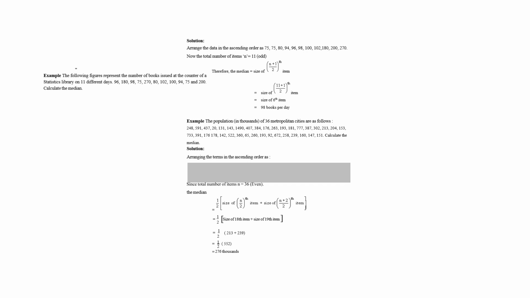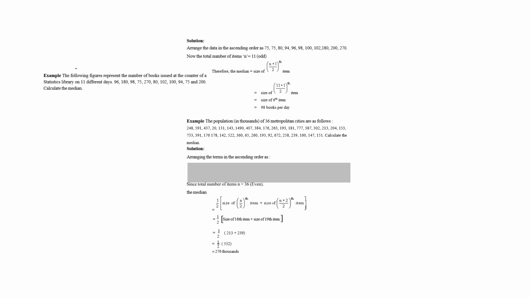Now, if there is the population in thousands of 36 metropolitan cities, because it is an even number, we need to calculate 1 by 2 of the size of the n by 2th item plus the size of the n plus 2 divided by 2th item.